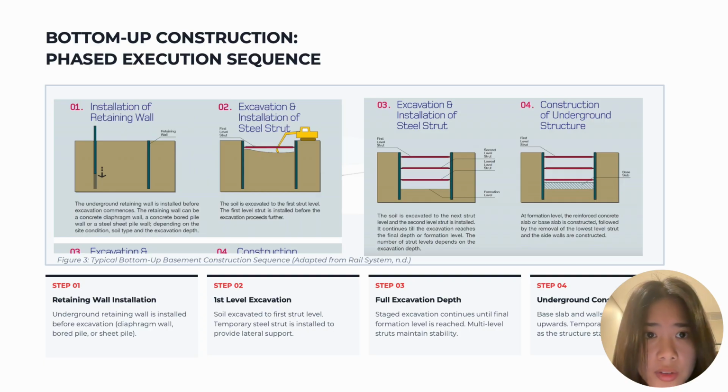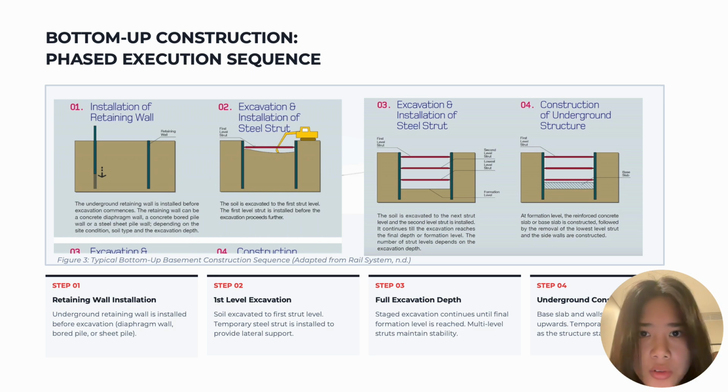This slide shows the typical construction sequence of the bottom-up method. As we can see from the diagram, the process is carried out in a step-by-step sequence. Step 1 is the retaining wall is installed before excavation begins.